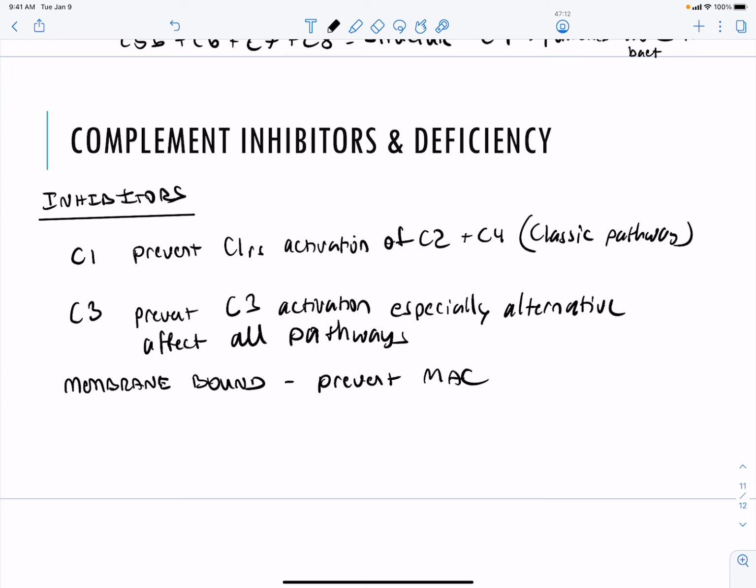Now, deficiencies can lead to illness, of course. You have hereditary angioedema.